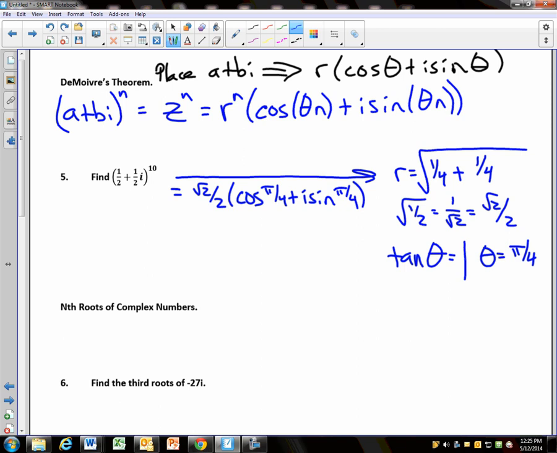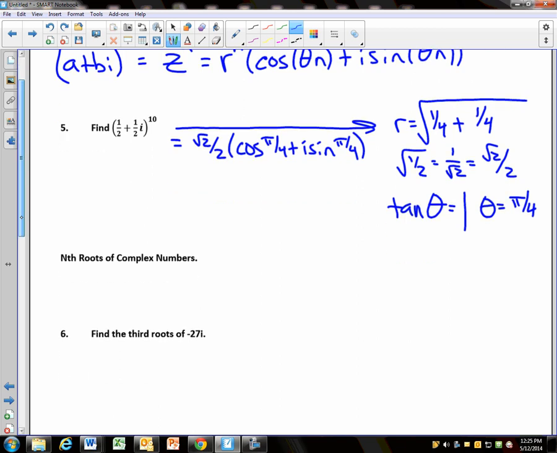That's all you do. We could multiply this out 10 times, which would be absurd, and we would most likely make a mistake. If I had to bet, I'd probably make a mistake 50% of the time multiplying this out 10 times. The probability is very high that you're going to do something wrong.